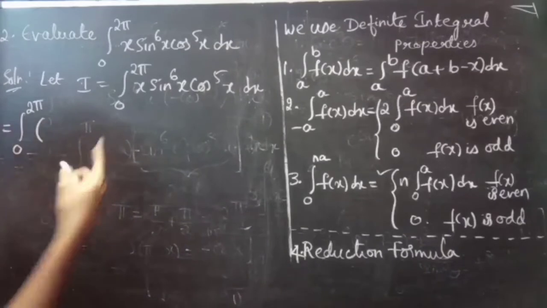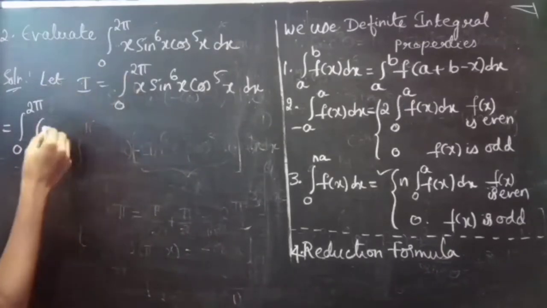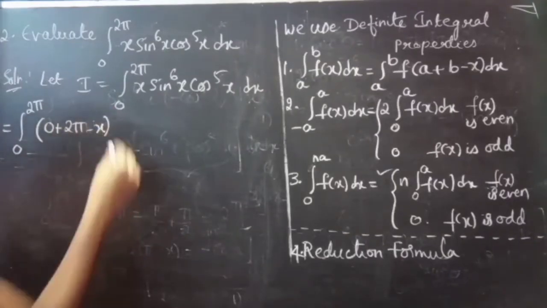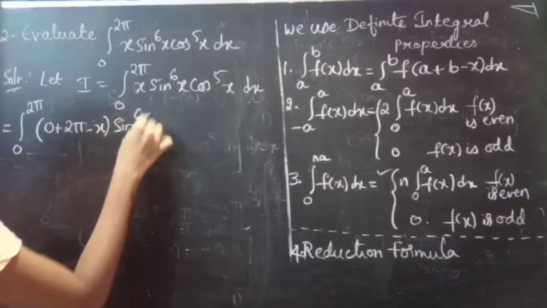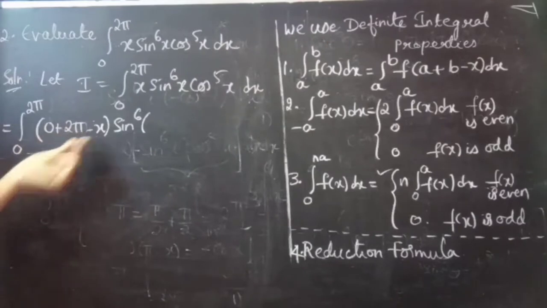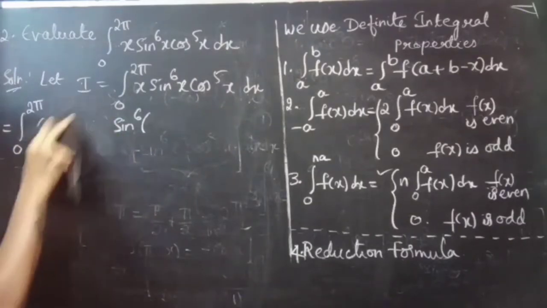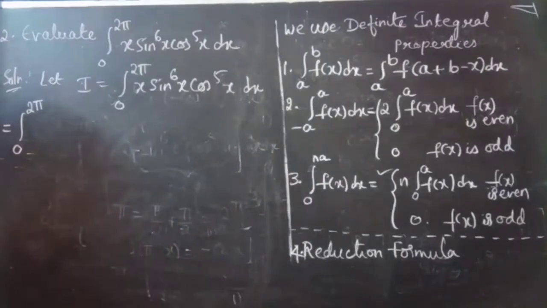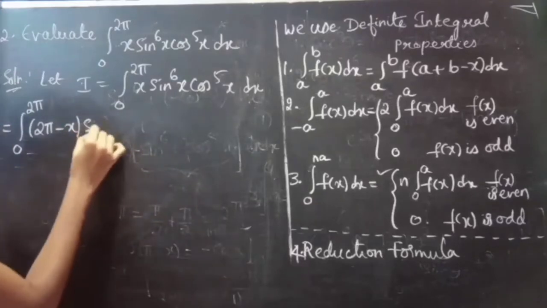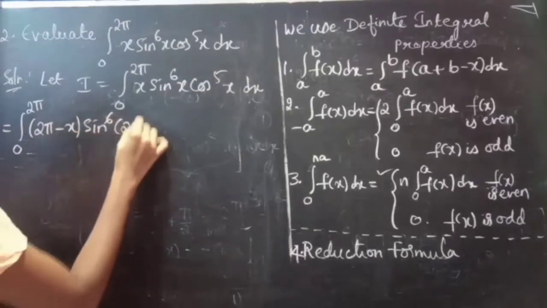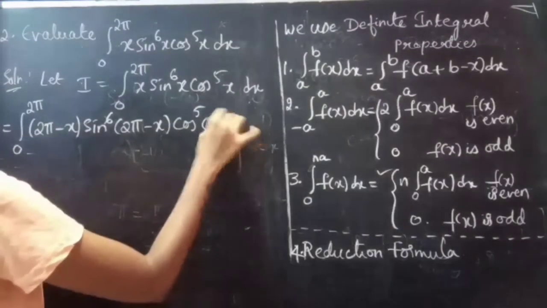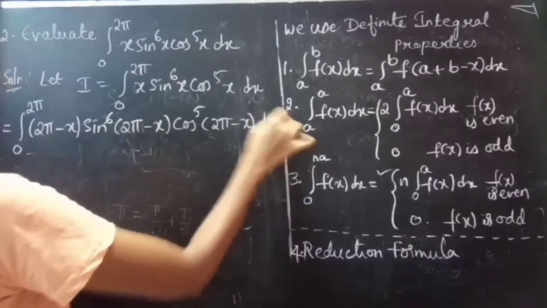So now you have to replace x with a plus b minus x. 0 plus 2 pi minus x, you can write it as 2 pi minus x. 2 pi minus x into sin^6 of 2 pi minus x into cos^5 of 2 pi minus x dx.